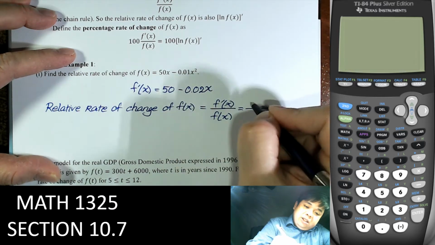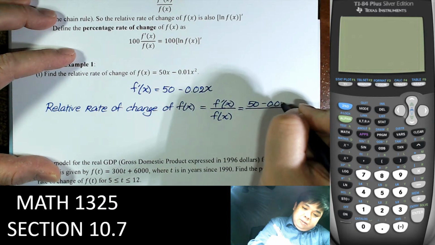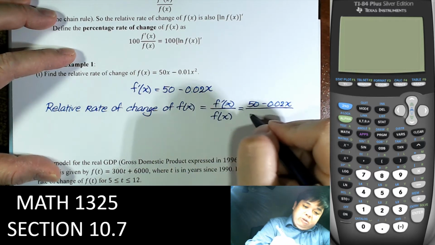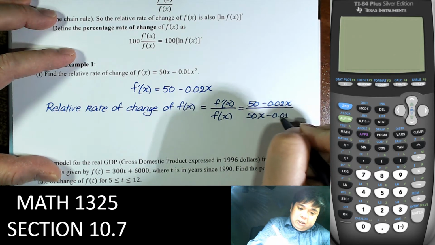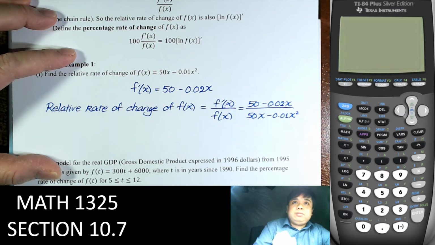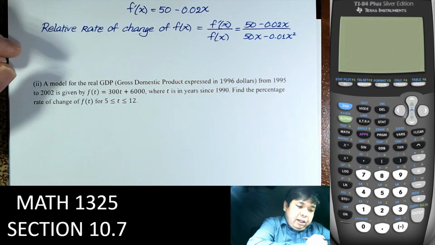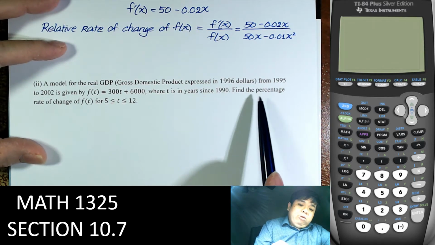The derivative is this, divided by the original function, 50x minus 0.01 x squared. Yeah, very straightforward. And that is the relative rate of change. Next, we will find the percentage rate of change.